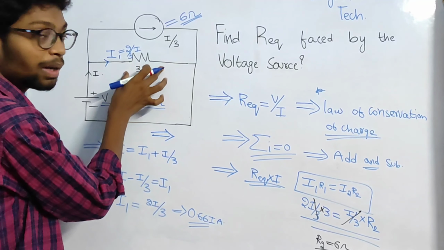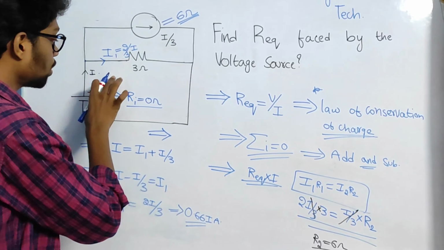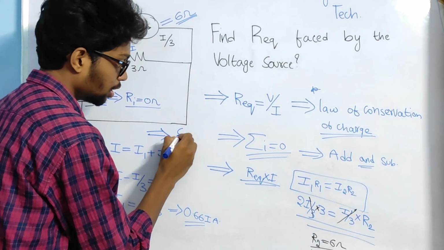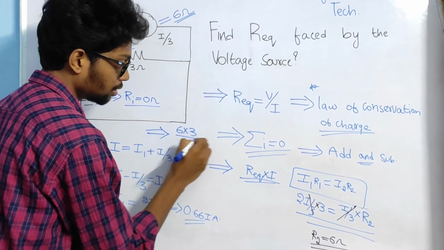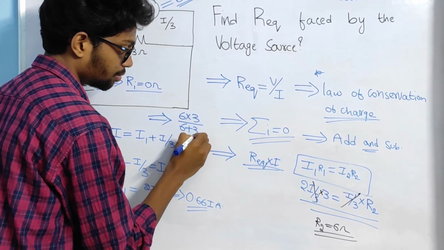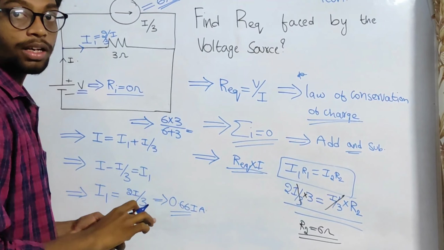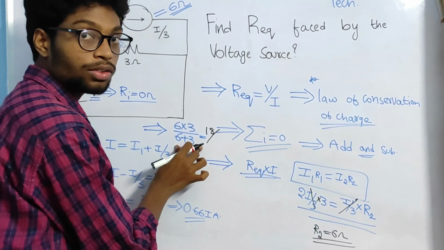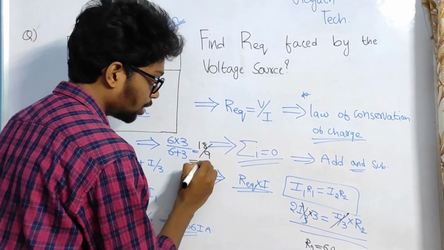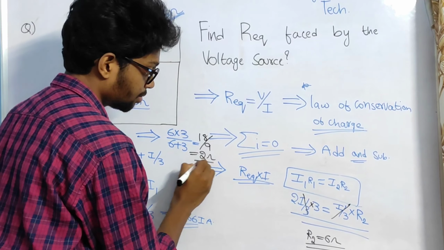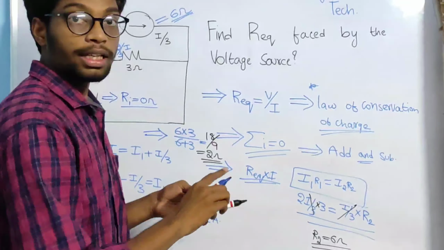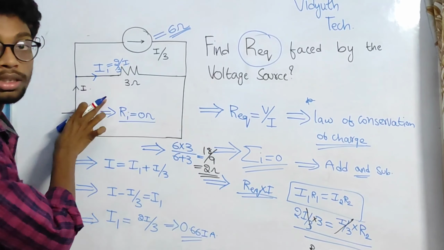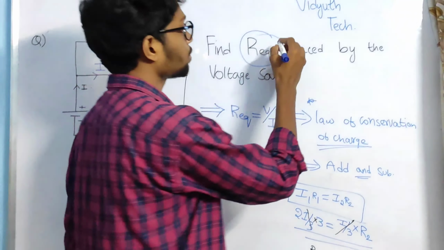So 6 into 3 by 6 plus 3 will be the equivalent resistance faced by this voltage source. 6 into 3 is 18, 6 plus 3 equals 9. Therefore we got 2 ohms. The equivalent or effective resistance faced by this voltage source is 2 ohms.